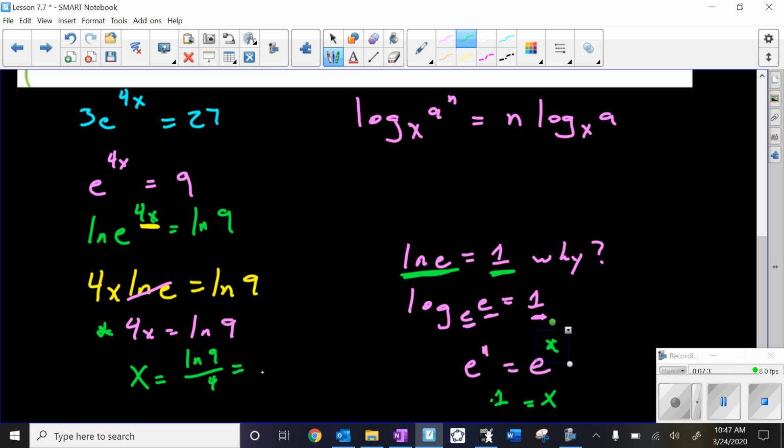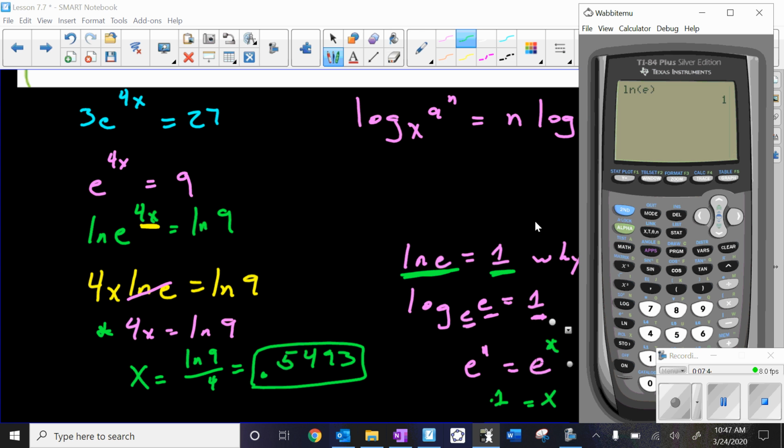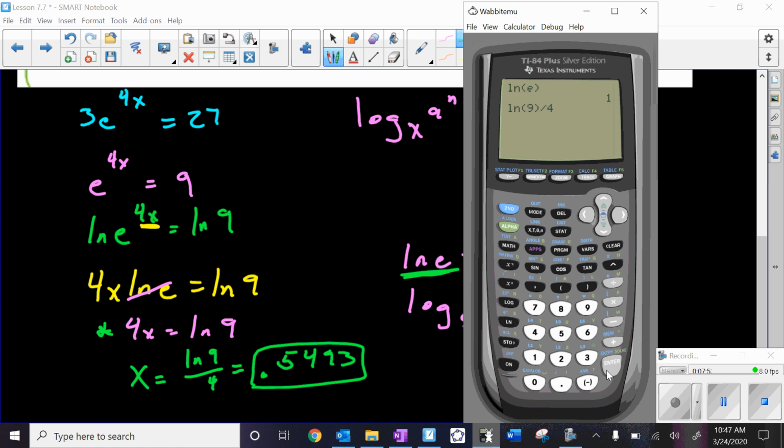If you plug that into your calculator, you will get 0.5493. I'll plug it in myself so you can see that. Natural log of 9 divided by 4, equals, there it is, 0.5493.